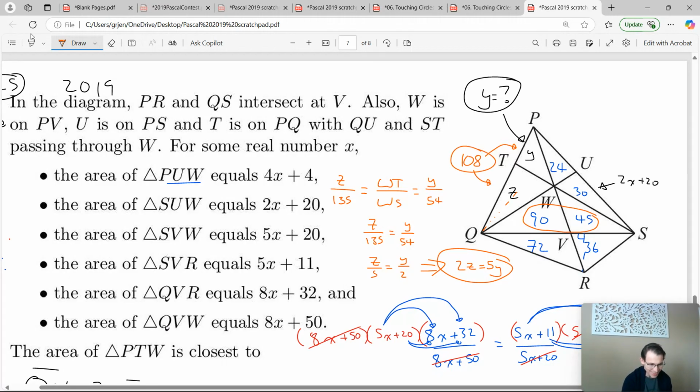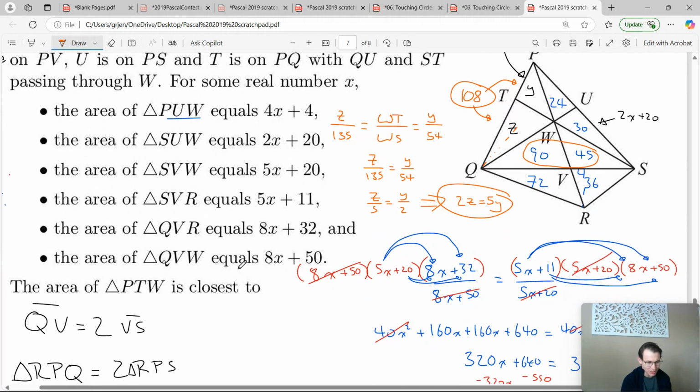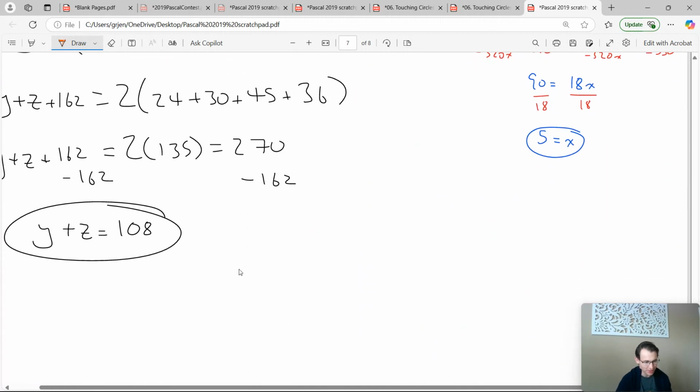All right, so let's go find some blank space. If we have 2Z equals 5Y and Y plus Z equals 108, this is two variables, two unknowns. We finally have a system of equations we can solve.